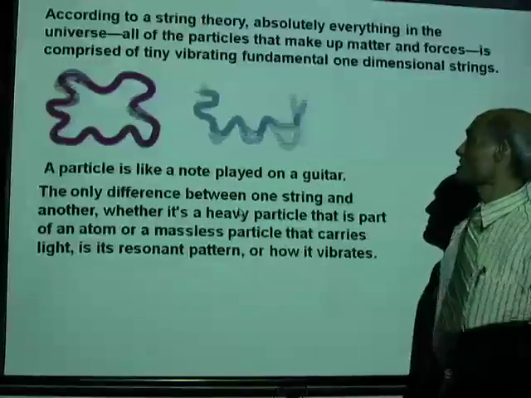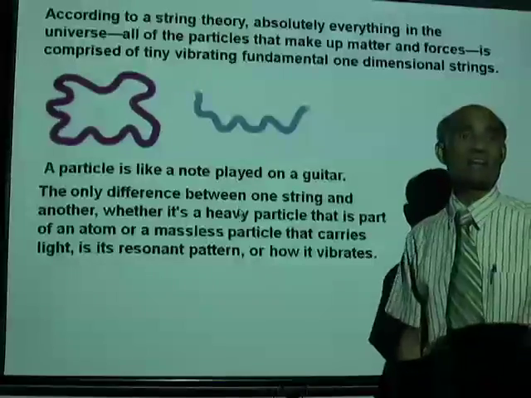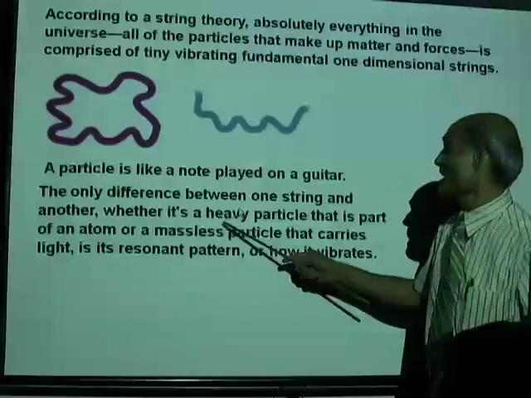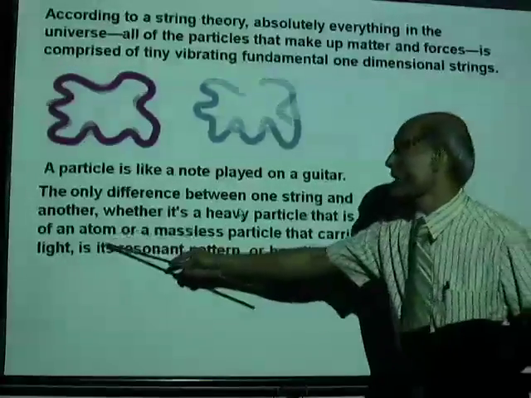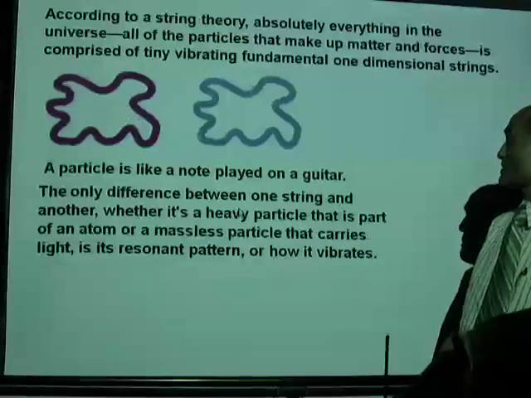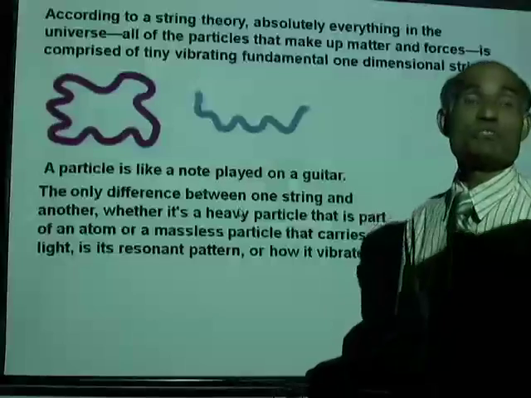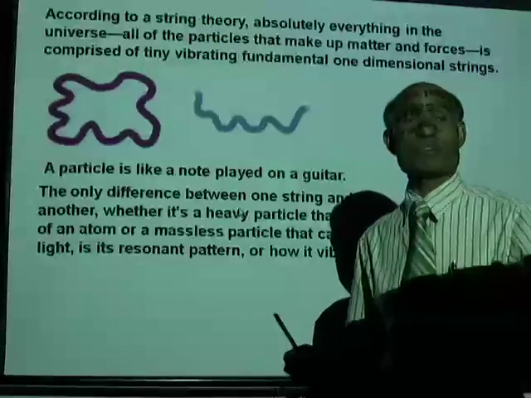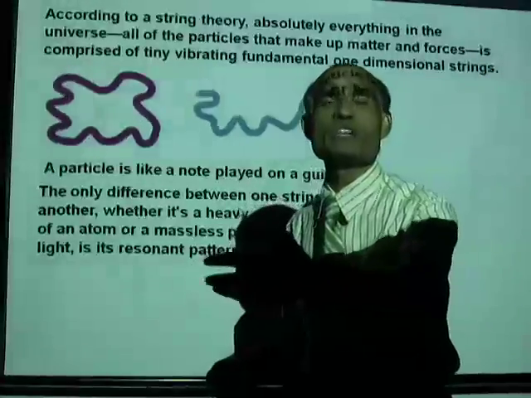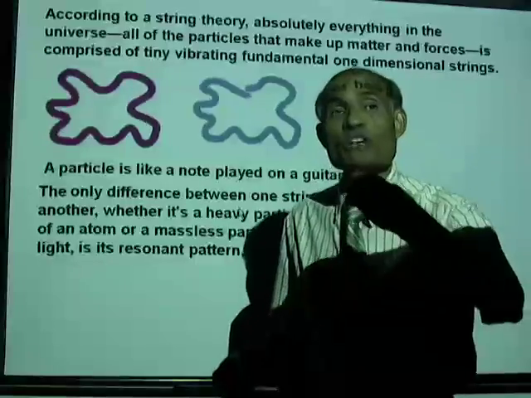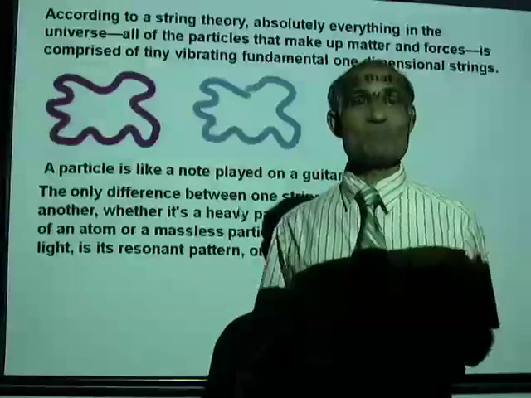The only difference between one string and another, whether it is a heavy particle that is part of an atom or a massless particle that carries light, is that its resonant patterns are different. What I showed you in the demonstration are the different resonant patterns of the string.